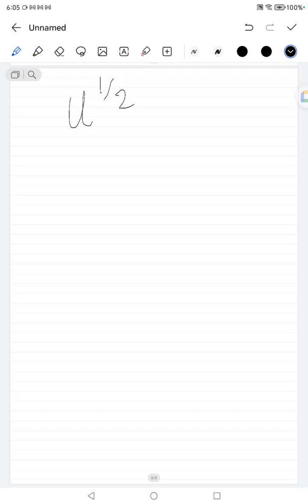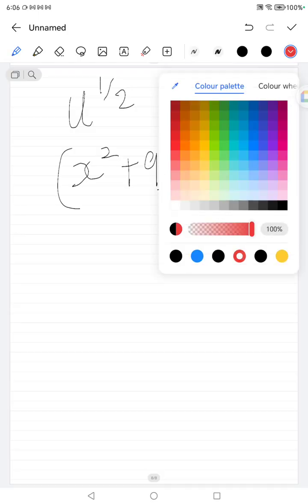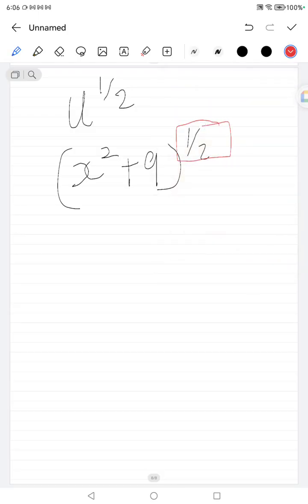Then what is your u? u is the same as having x squared plus 9, all to the exponent 1 over 2. What do you realize about this? It means you can use a square root.